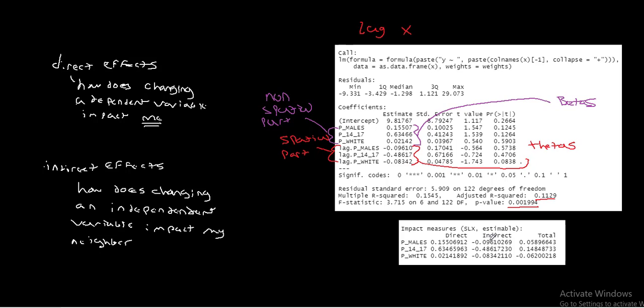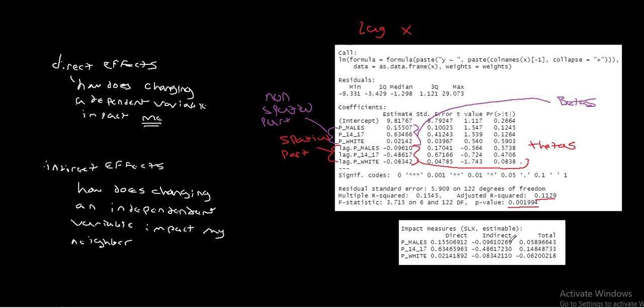Or conversely, if my neighbors raise their number of males, it decreases my percent vacancy. So direct is me, indirect is my neighbors. You can see that they don't necessarily have to have the same sign. In this case, raising mine hurts me, it increases my vacancy, but it decreases the vacancy of my neighbors.